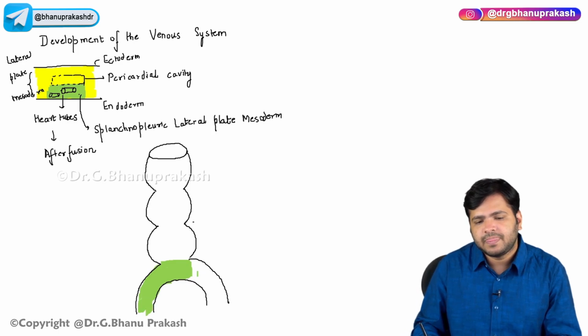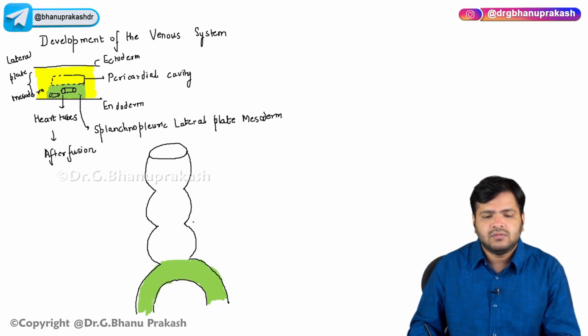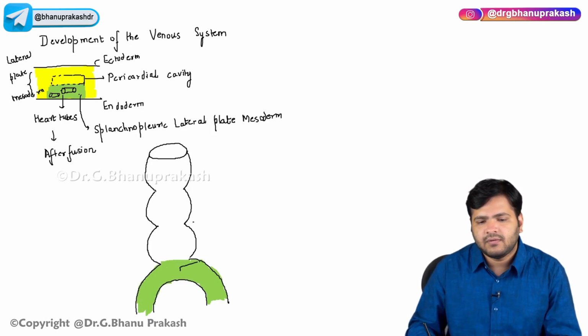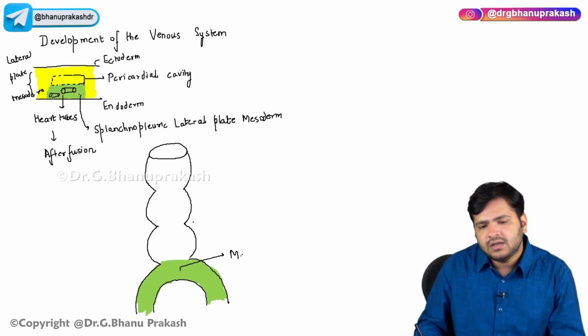So this is the sinus venosus. Now this sinus venosus has two horns. This is the median part of the sinus venosus.